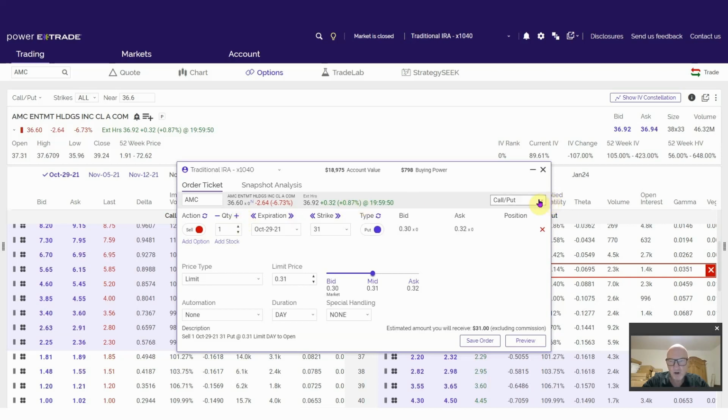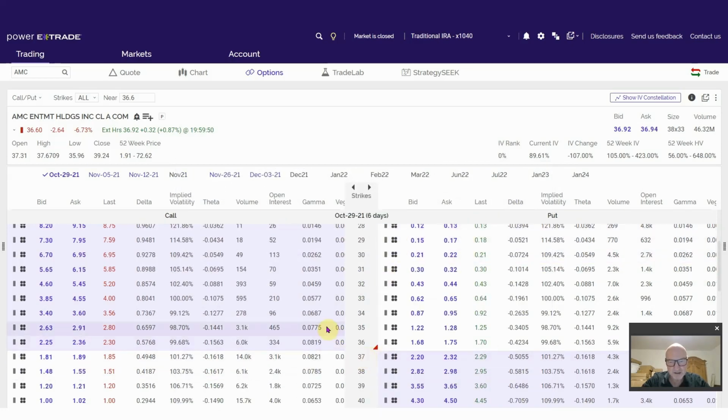After hours, call put, action, sell, 1, October 29, strike 31, put, 30. Ask is 32. The limit price, I want 31 cents for it because it's the middle range. And there's the description. Sell 1 put, and so on. So that's basically how that works.